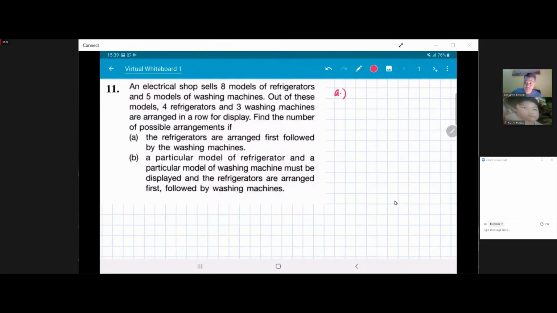So, Li Ting, yes, you think you're right. Your answer is correct. Betul? Your answer is correct, Li Ting. Anybody else found the answer before I reveal what the working is and how to do it? Okay. Anyone else?